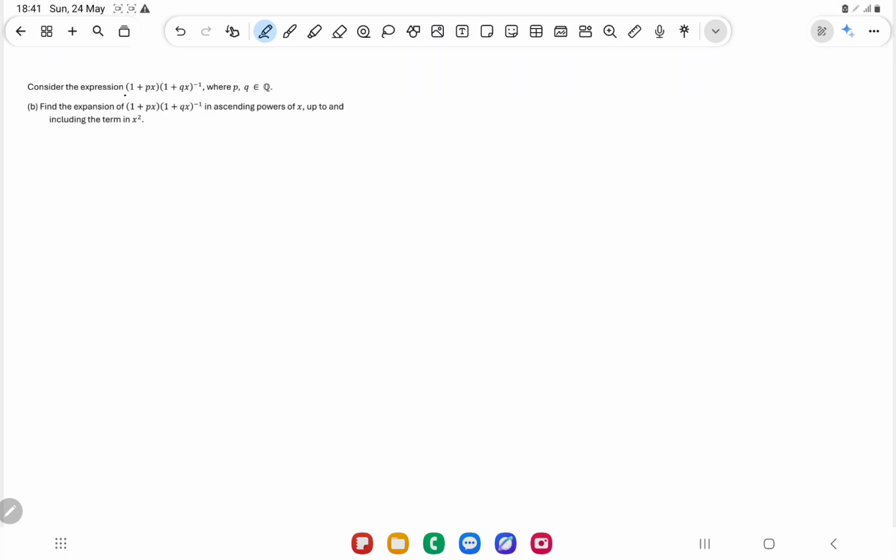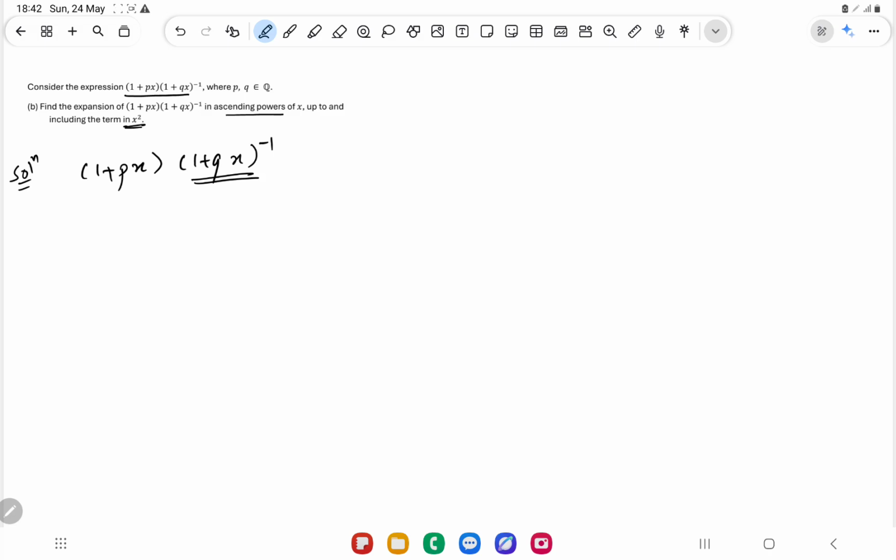Now we have to consider this expression and find the expansion of the same in ascending powers of x up to the term x square. If you can see, 1 plus px is already in its simplest form. So I have to apply binomial theorem in 1 plus qx to the power minus 1.